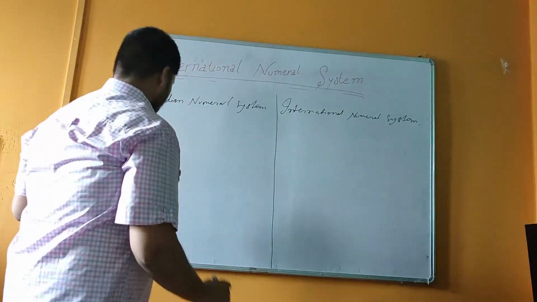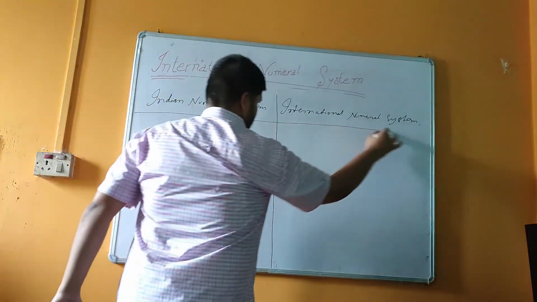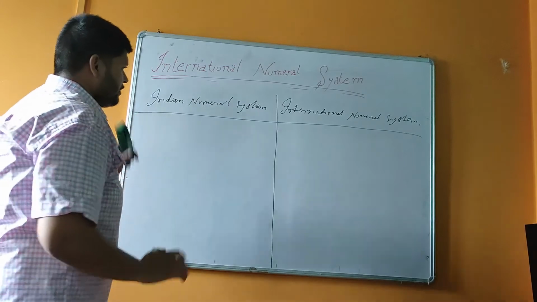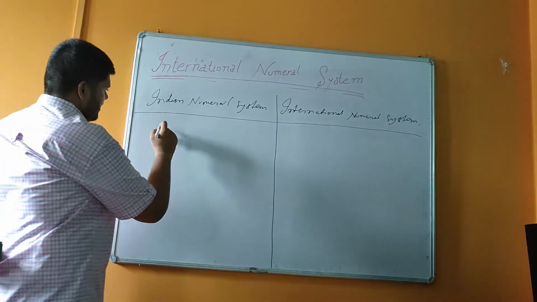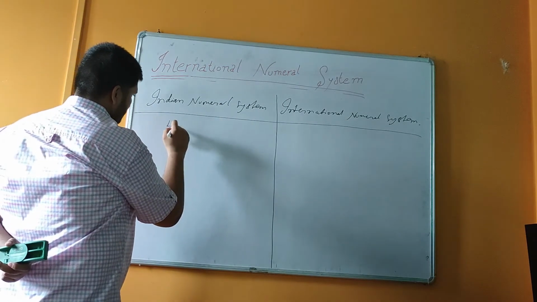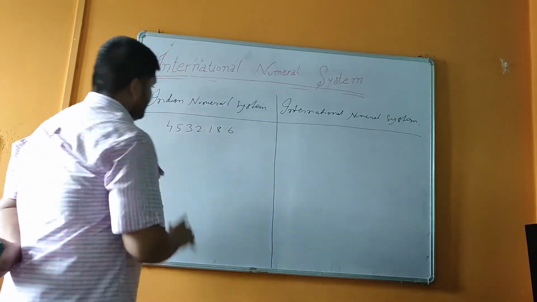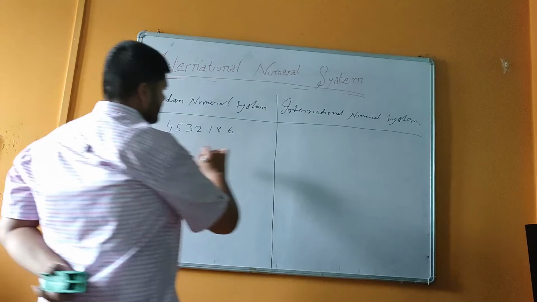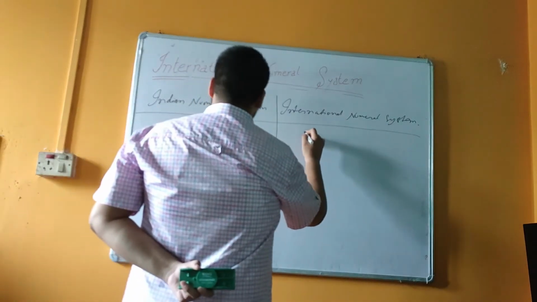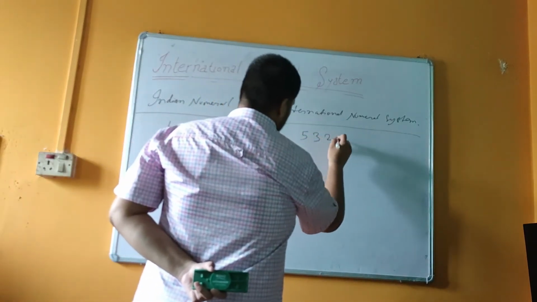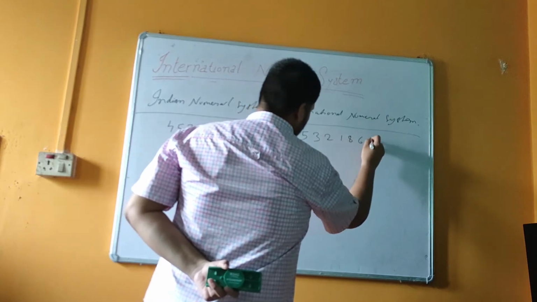Okay, in both ways we will see. Here first one number will be given, that is 4, 5, 3, 2, 1, 8, 6. This is the number, and here also I am writing one number 5, 3, 2, 1, 8, 6, 5.